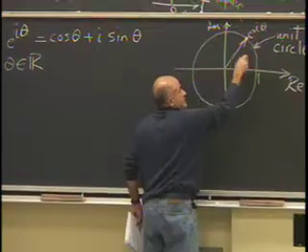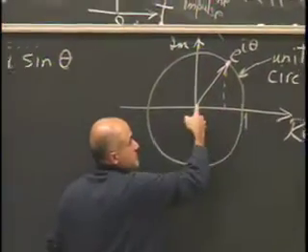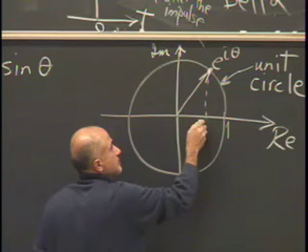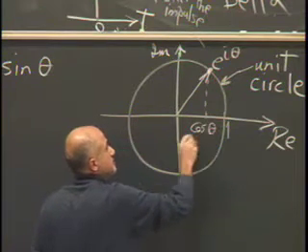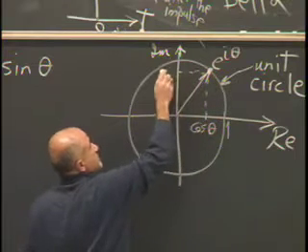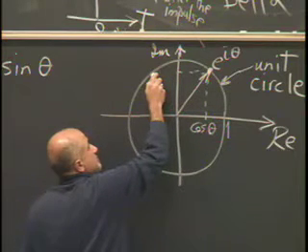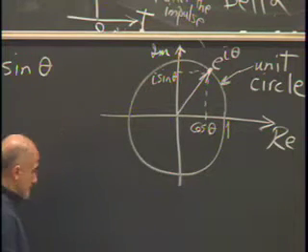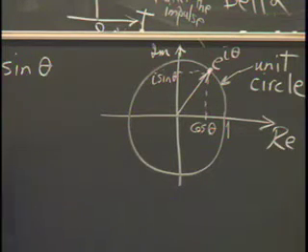It's a point on the unit circle whose projection onto the horizontal axis or the real axis is what? Cosine theta. That's its real part. And its projection onto the imaginary axis is I sine theta.